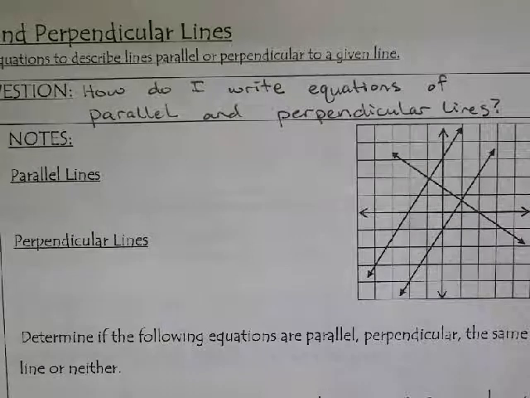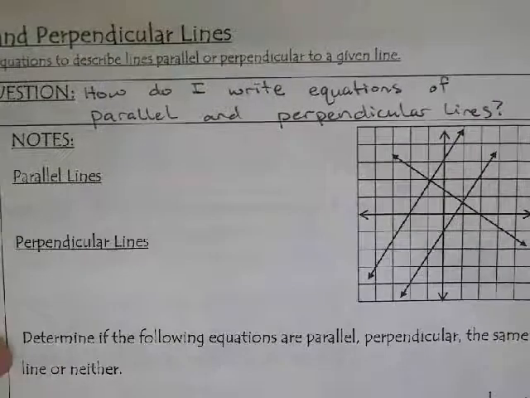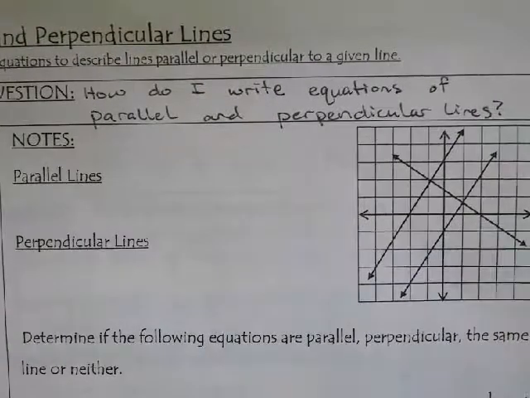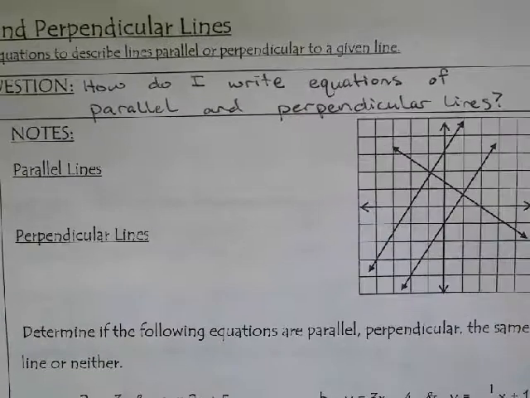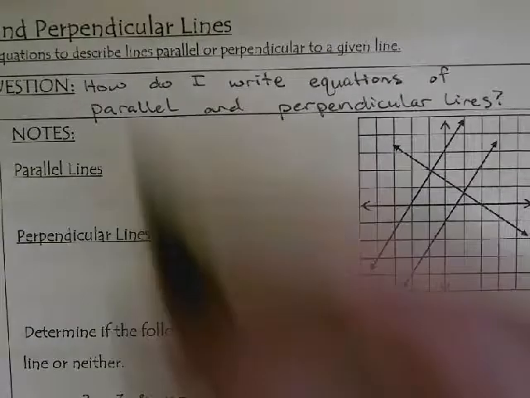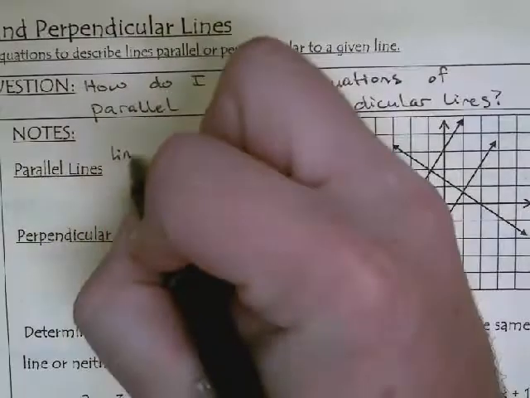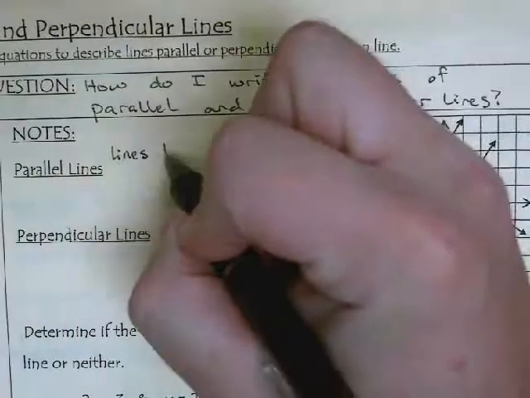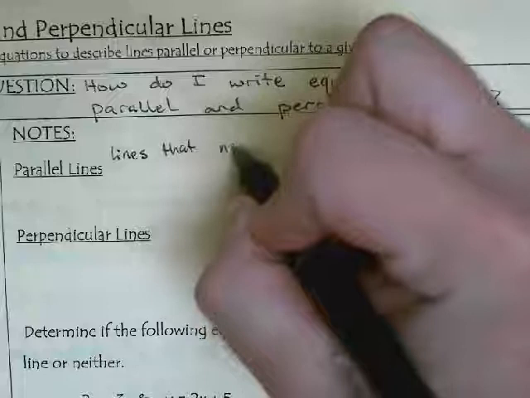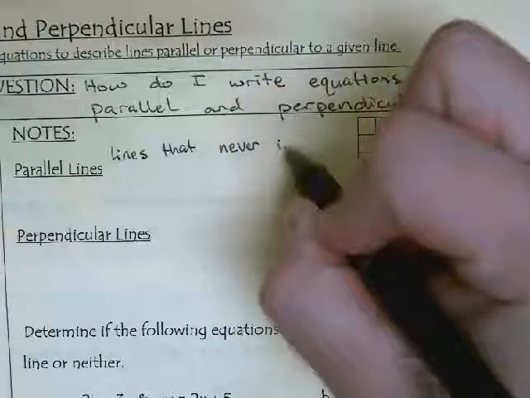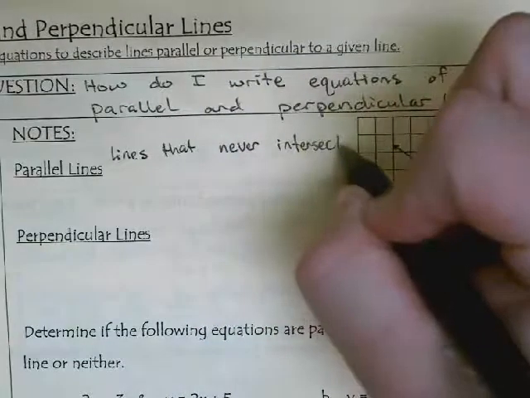Okay, so let's define parallel lines, and then we'll talk about how we can look at an equation to know if they're parallel. So, parallel lines are lines that never intersect.